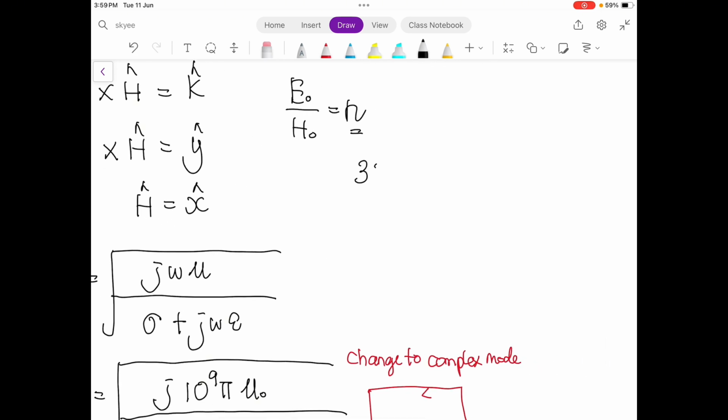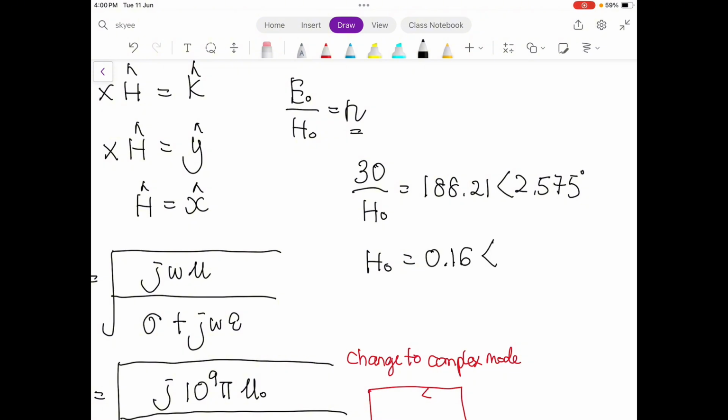So the amplitude of the electric field is 30, you need to find out H, and the intrinsic impedance is 188 angle 2.575. Okay, the reading. So the H naught will be equals to 30 divided by 188, which is 0.16, minus 2.575.